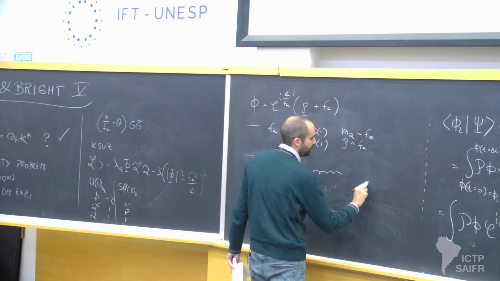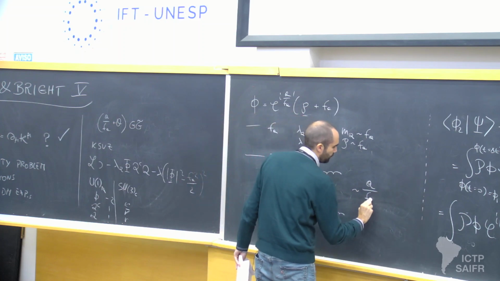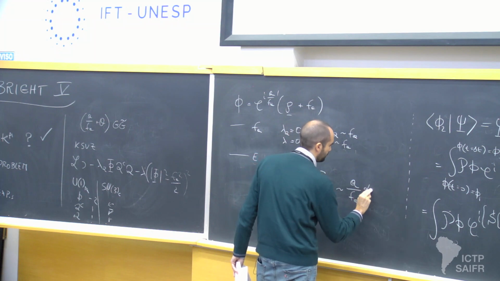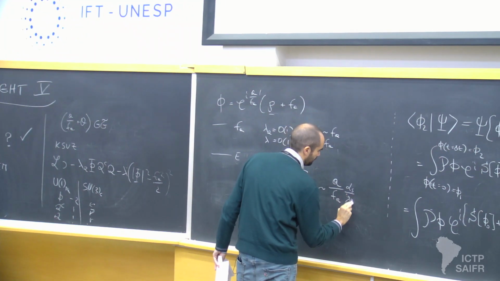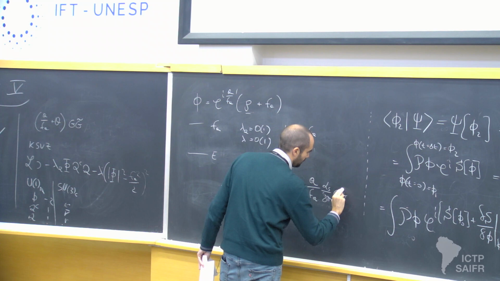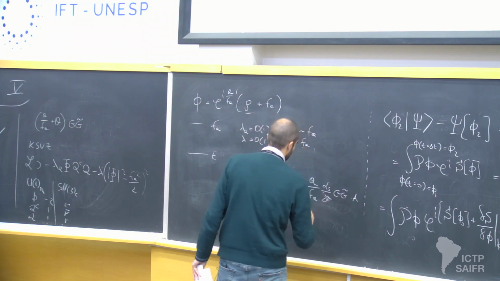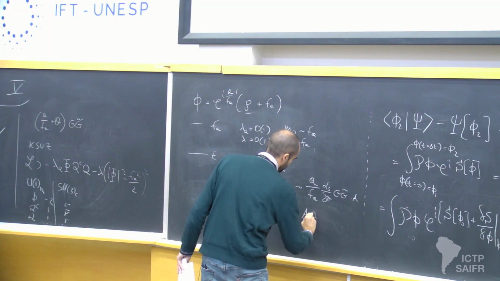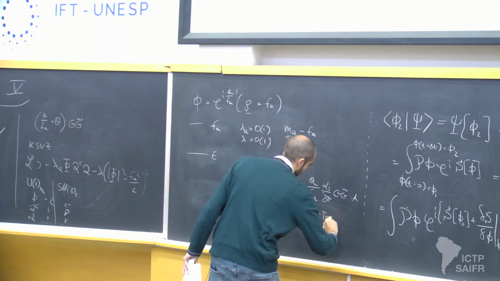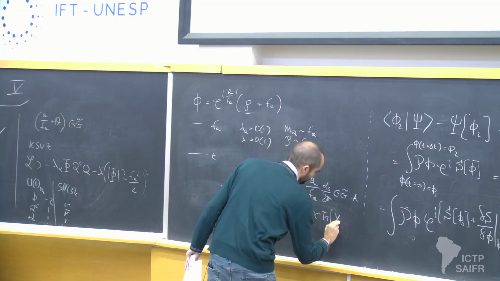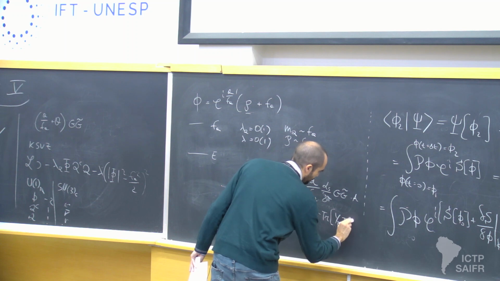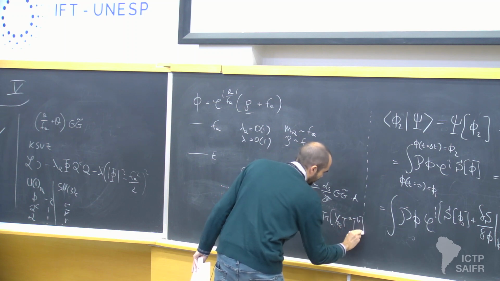And this is going to give you a coupling at low energy that looks like this, with some coefficient A, which is known as the anomaly coefficient, which is proportional to the trace of the U1 generator times 2 SU3 generators.